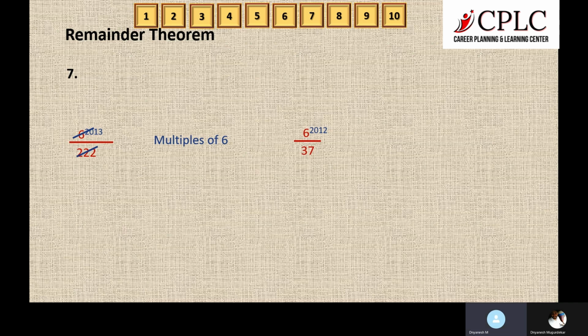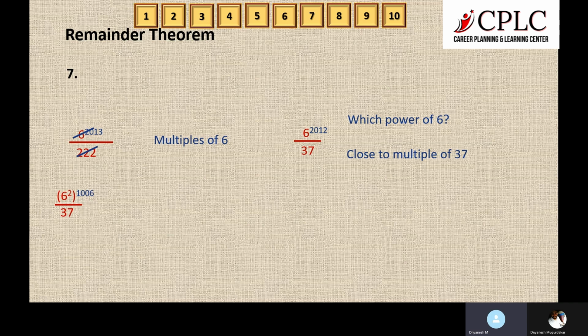Now, this becomes one of our types. Which power of 6 when divided by 37 will give us the remainder plus 1 or minus 1? So it is 6 square, which is 36. So break down 2012 as a multiple of 2, which is the case. So our question becomes 6 square, the whole raised to 1006, divided by 37.